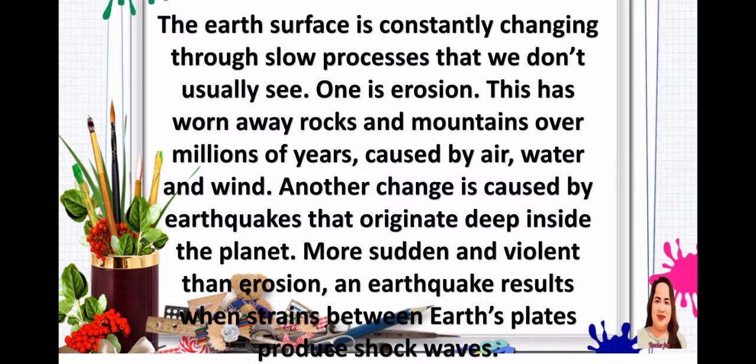This has worn away rocks and mountains over millions of years, caused by air, water, and wind. Another change is caused by earthquakes that originate deep inside the planet, more sudden and violent than erosion. An earthquake results when strains between Earth's plates produce shock waves.